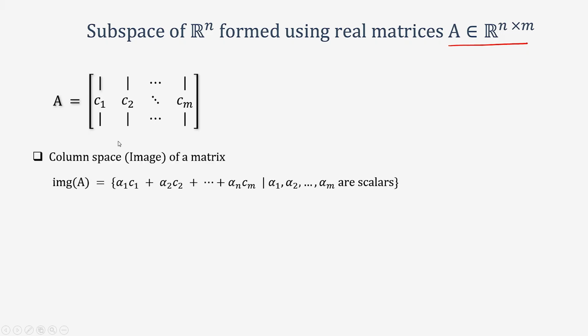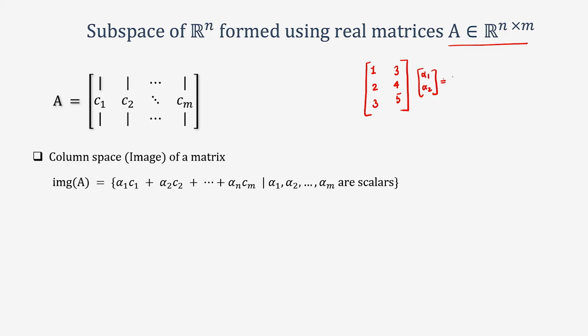Now, you can go ahead and define what is called column space or image of a matrix. What is column space or image of a matrix? The idea is, let me explain with an example. Suppose A is a matrix of this form, then what is column space? Column space is any linear combination of the columns of this matrix.